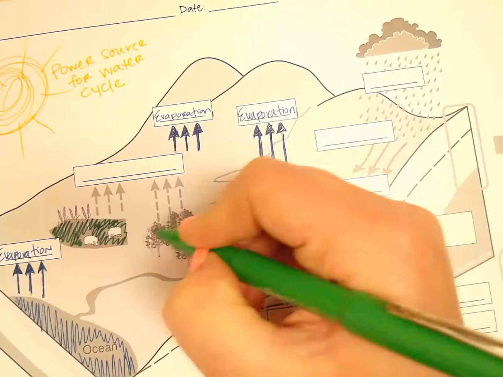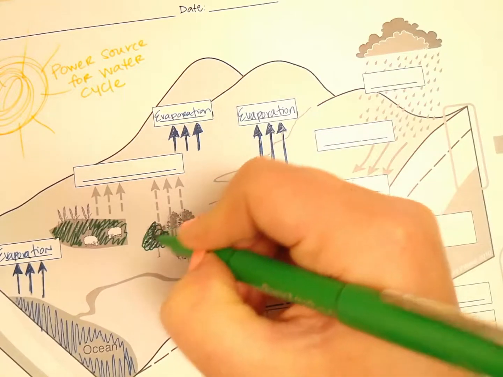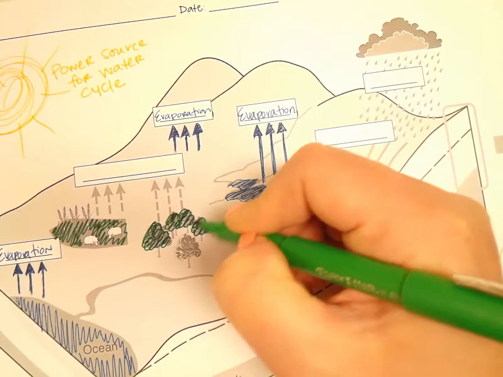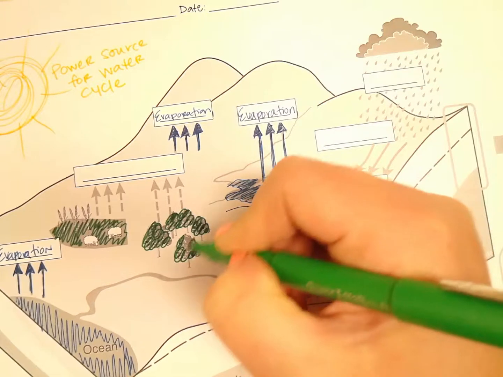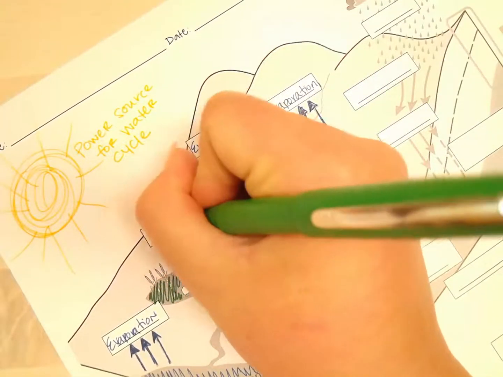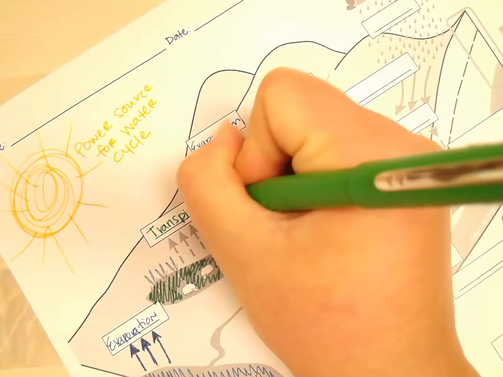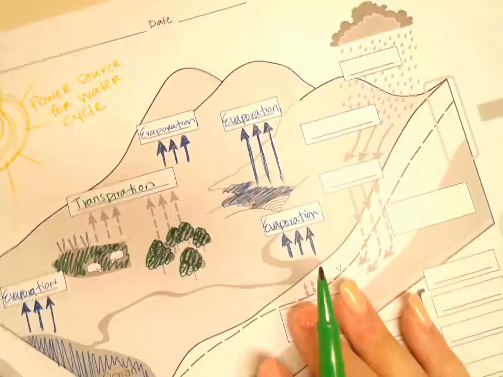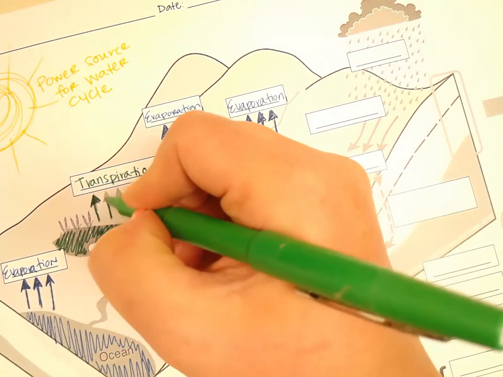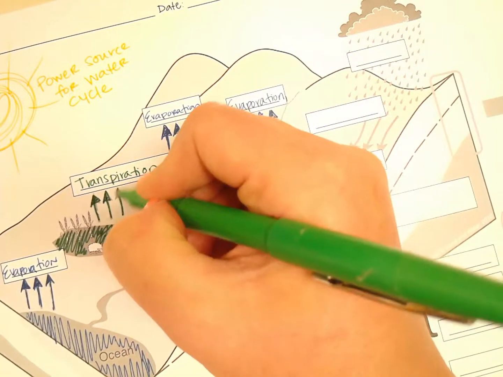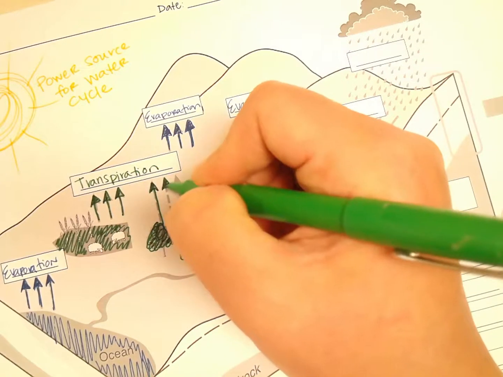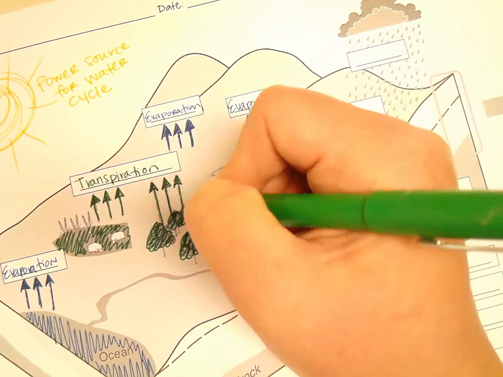I'm going to color that in green, and trees. What do we call that water movement through plants into the atmosphere? We call that transpiration. Okay, and that is just talking about that water movement from plants into the atmosphere. So we're going to shade those arrows green, so we remember that transpiration has to do with our plants.